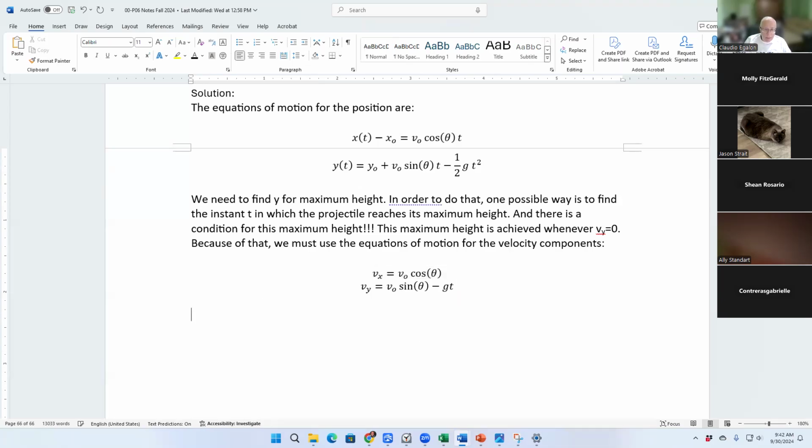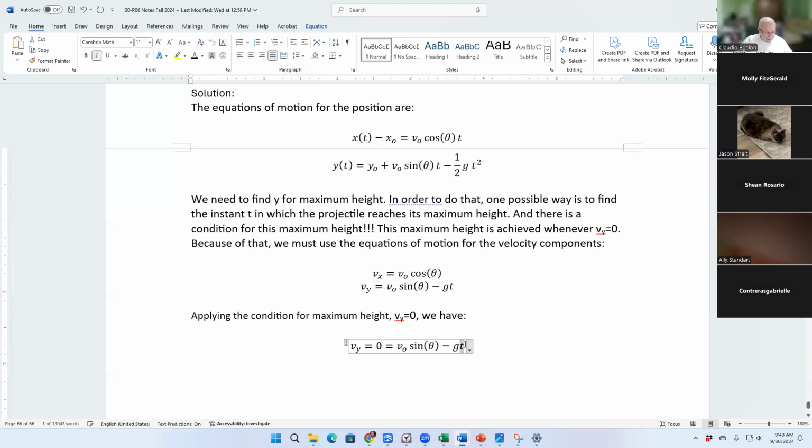The condition, okay, applying the condition for maximum height, Vy equal to 0. We have, here you go, Vy equals 0. Okay.